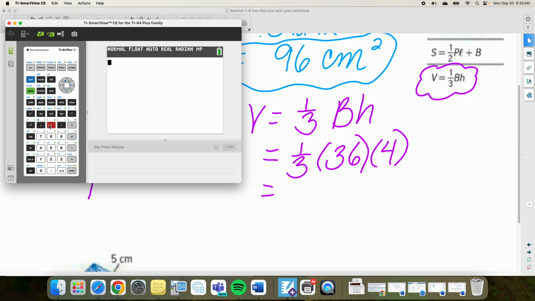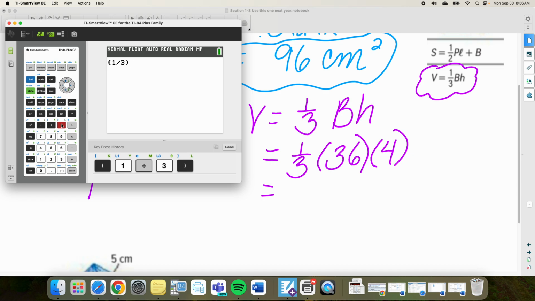You would go parenthesis, 1 divided by 3 parenthesis. And that works on any calculator that you use. And that is better than doing like 0.33, because if you do 0.33, your answer is going to be a little bit off from the book, okay? So whenever you have a fraction this year, that is the way to put it in.